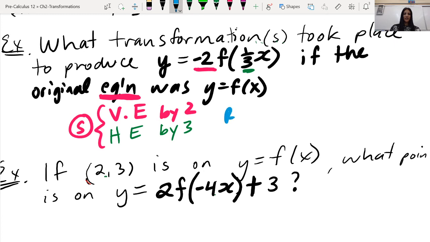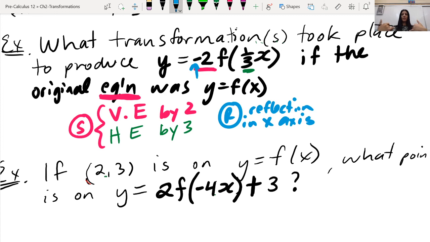Okay, now let's look at the r part of it. I notice that there's a negative sign in front of the y values. So I think to myself, is this being reflected in the y-axis or over the x-axis? If it's taking my original y values and flipping them down, it's going to be a reflection in the x-axis because it's taking my positive y values and flipping them down.